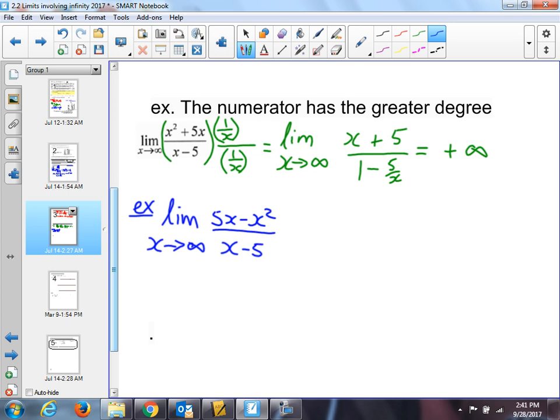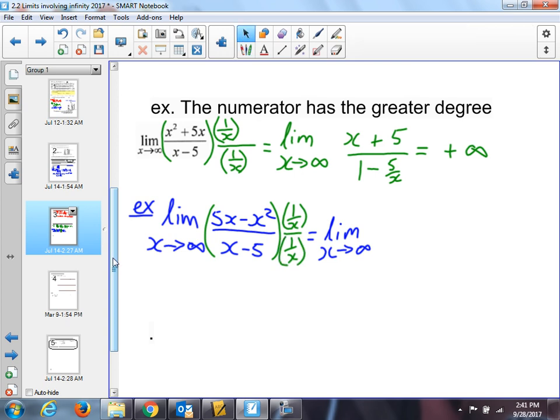Now I think you could tell it's still 1 over x that we've got to multiply through by, right? When I do that, let's see what we get. The 1 over x here. Figure positive infinity?